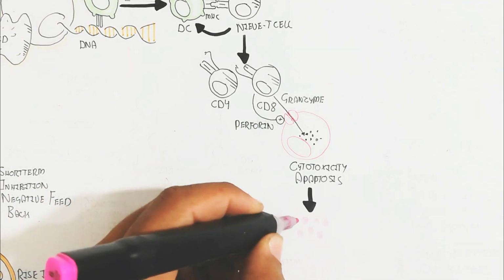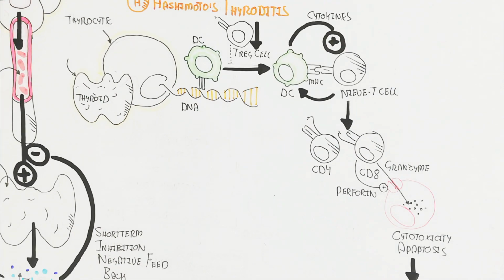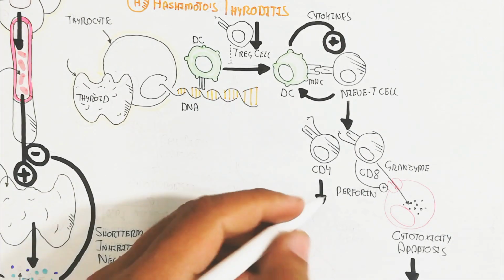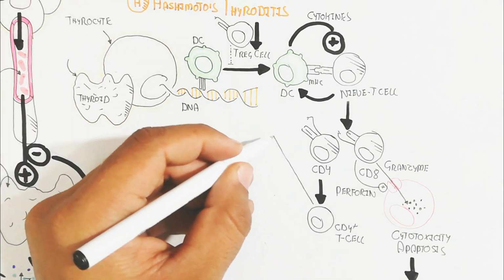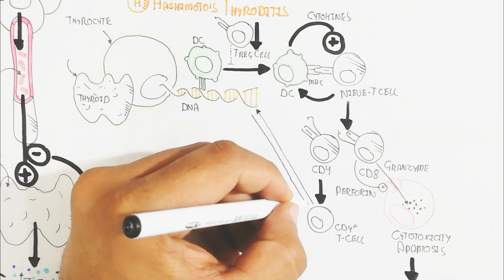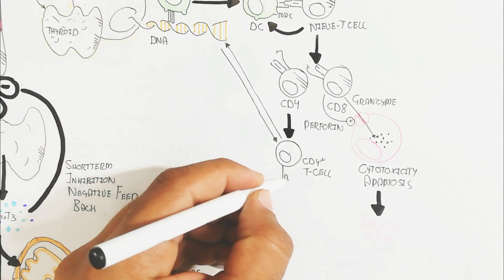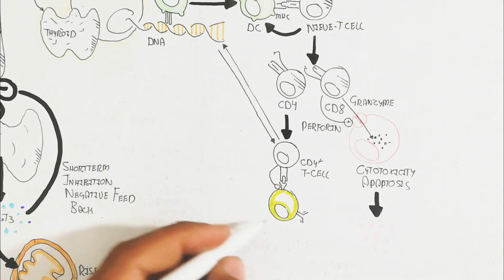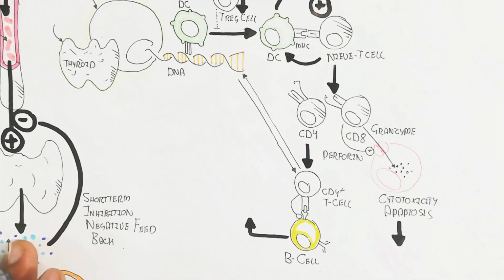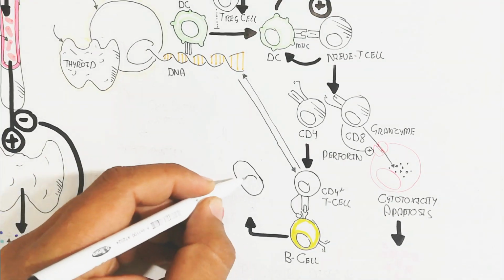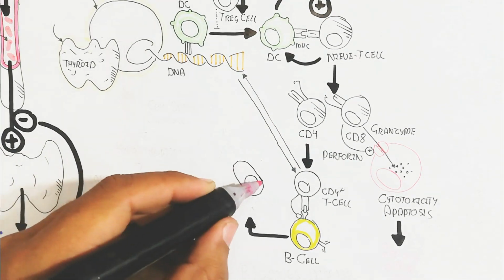CD8 is the cytotoxic T cell, causing apoptosis of the thyrocyte due to the production of granzyme and perforin. The CD4 is important for recognition of the antigen via direct contact with the cell or indirectly through the dendritic cell, and leads to B cell activation through the B cell receptor via the CD4 molecule and the MHC class molecule.